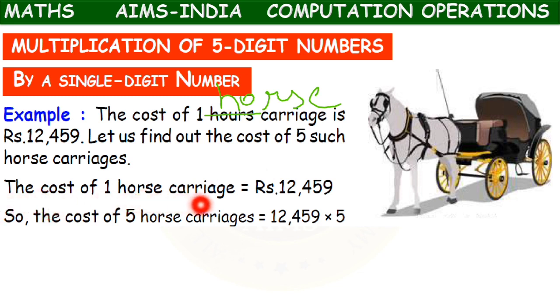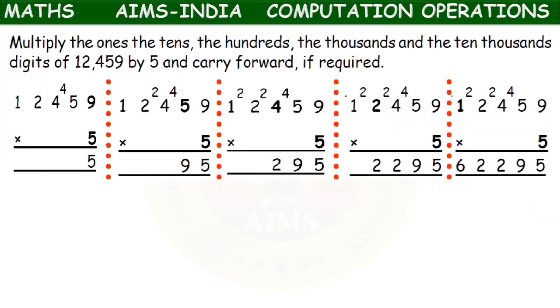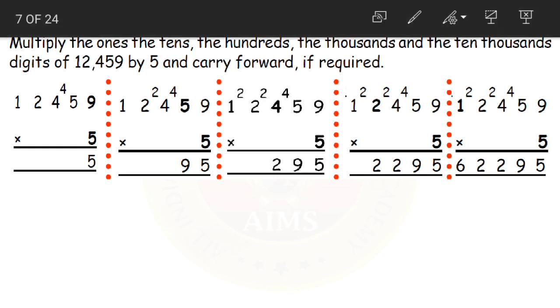The cost of one horse carriage is equal to rupees 12,459. Now the cost of 5 horse carriages becomes what? Yes, the cost of one carriage into the number of horse carriages we are purchasing, that is 5. 12,459 into 5. Now let us look at how to multiply it.